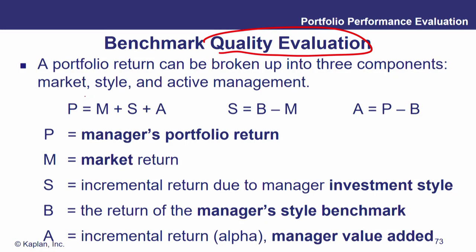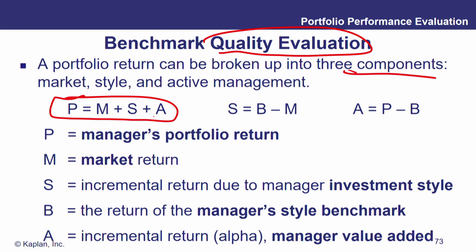So remember, we can break down a portfolio into its three components: the market, style, and active management. So let's go ahead and take a look at what we have here. We can take a manager's portfolio return. It's going to be that market return plus any incremental return that they get from the style plus any alpha.